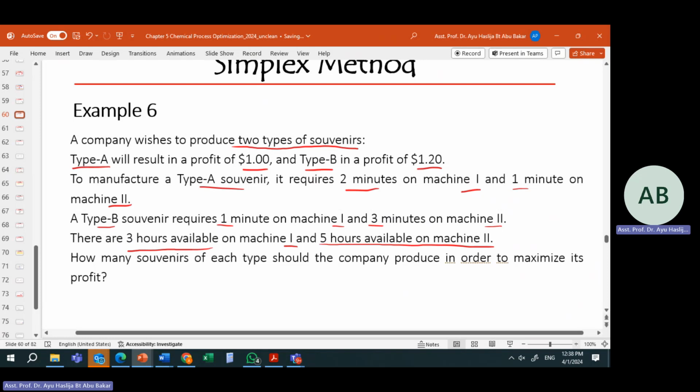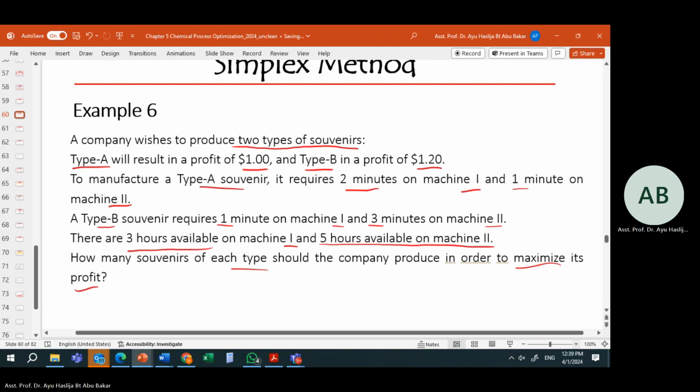The question is, how many souvenirs of each type should the company produce in order to maximize profit? Maximize the profit, so that is your objective function.